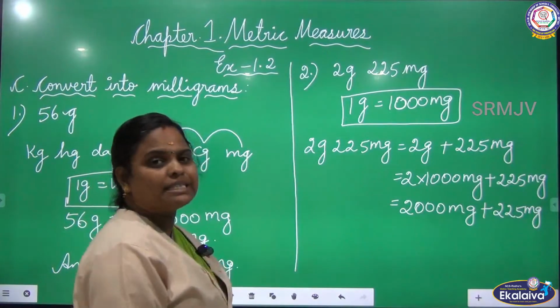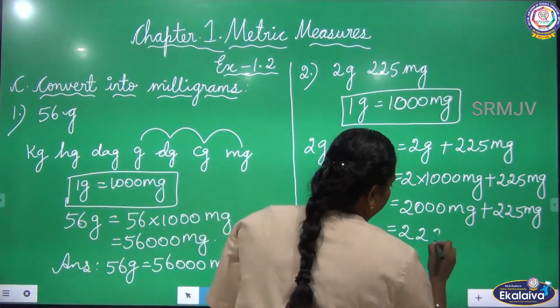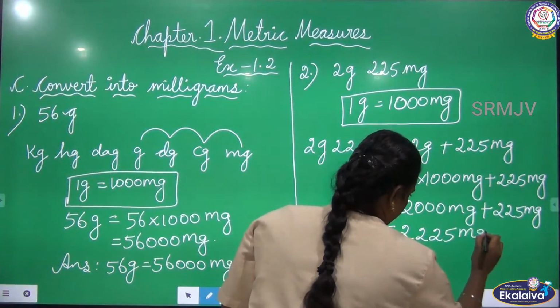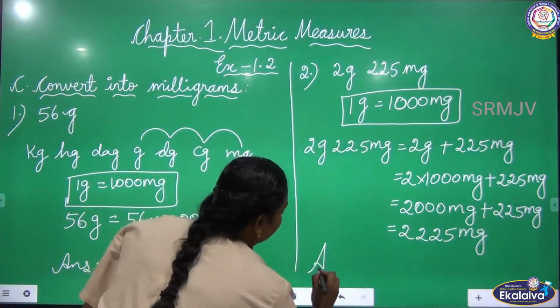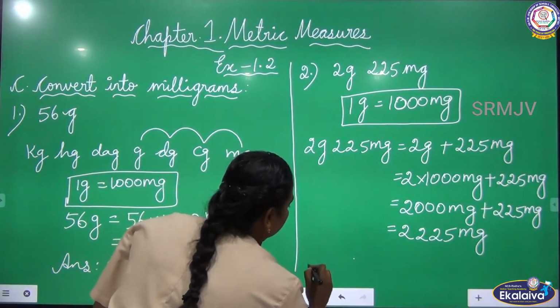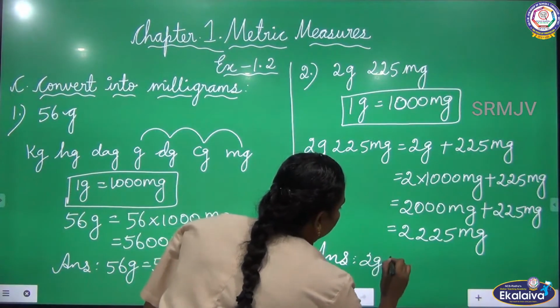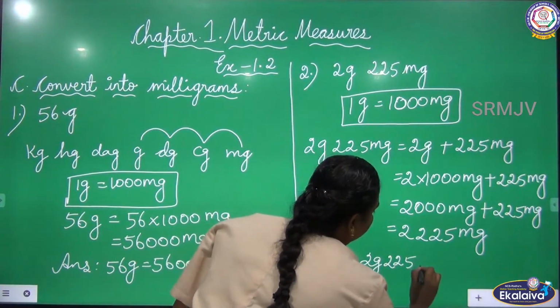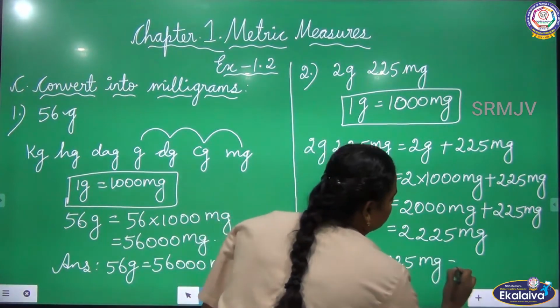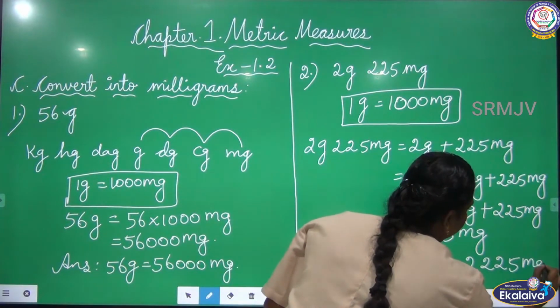So, 2000 plus 225, 2225 milligram. So, tell me the answer. So, answer, 2 gram 225 milligram equal to 2225 milligram.